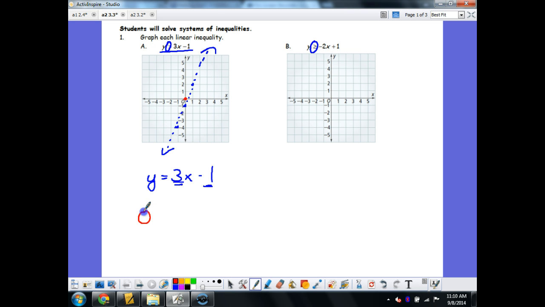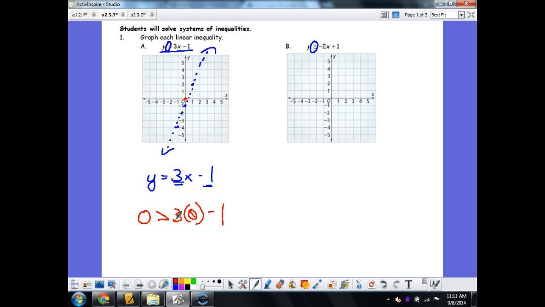The y-coordinate is 0, and the x-coordinate is 0. Now, in this case, I just check to see if that point makes it true or not. If it makes it true, then I'm going to shade the side of the line that that point is on. If it makes it false, I am going to shade the other side of the line.